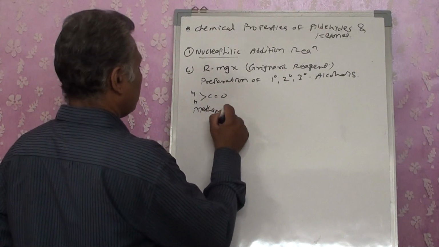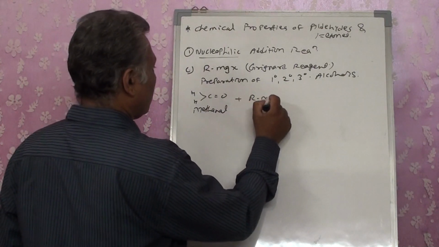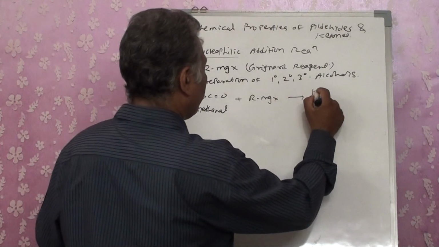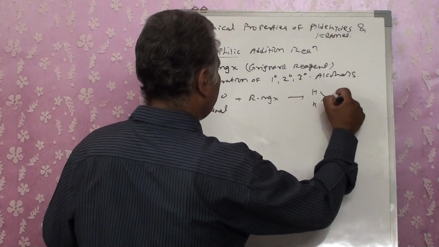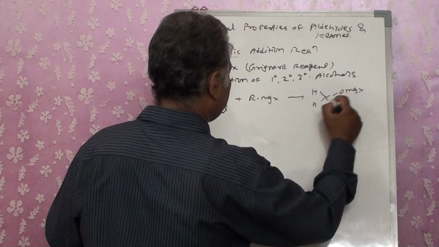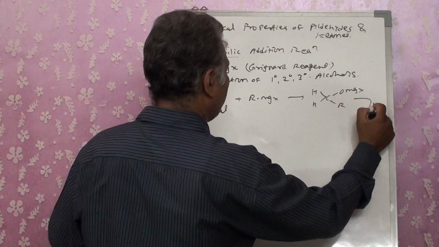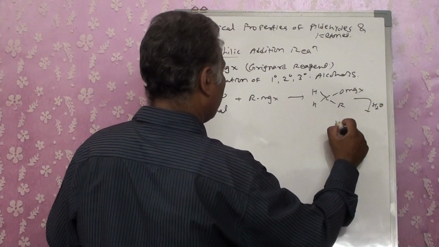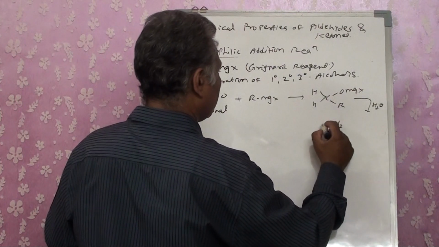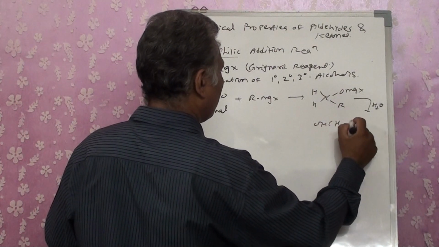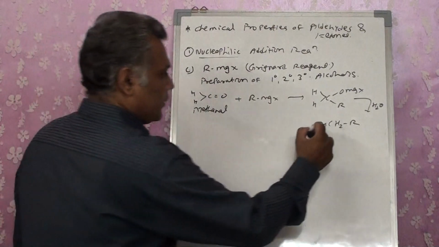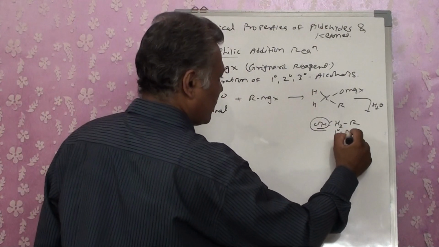Methanal reacts with RMgX. It's going to produce HCH2OMgXR, which on hydrolysis goes to primary alcohol.